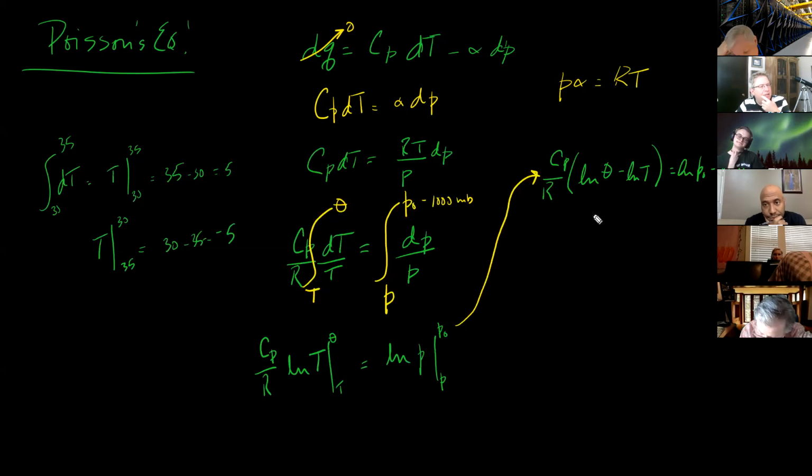But I don't like dealing with natural logs of theta, so take the exponential of each side. Well, not yet. Let's make something simpler. Do I like differences in natural logs? No, you want ratios. I can do this.